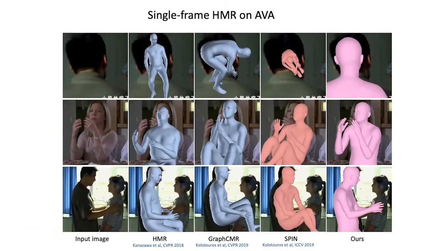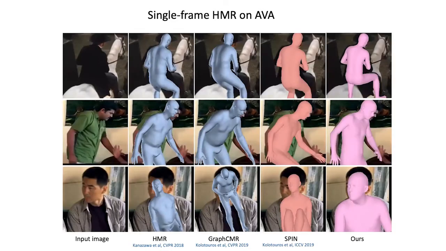Here are some results where you train HMR again with the AVA data, which is more consistent. It shows that compared to previous approaches, it's a lot more robust because it's now trained on AVA and has very good multi-shot 3D pseudo ground truths from the multi-view signal that comes from multiple shots.